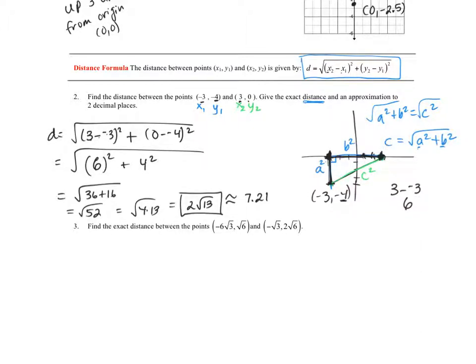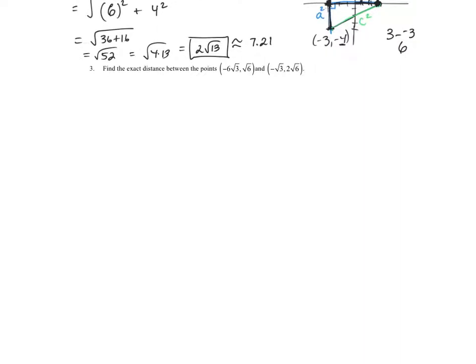Okay, let's look at an example where the numbers have some radicals in there as well. So I'm looking at my first point, I have x1 and y1, and my second point, I have an x and a y for the second point.